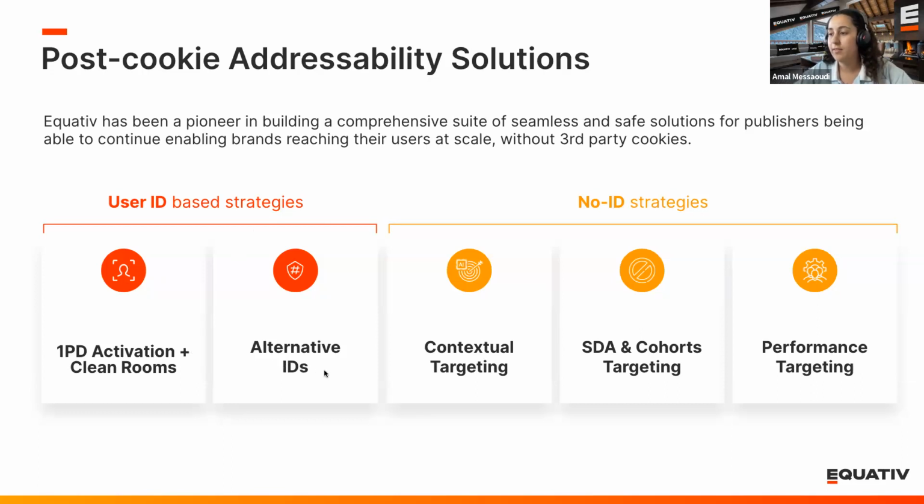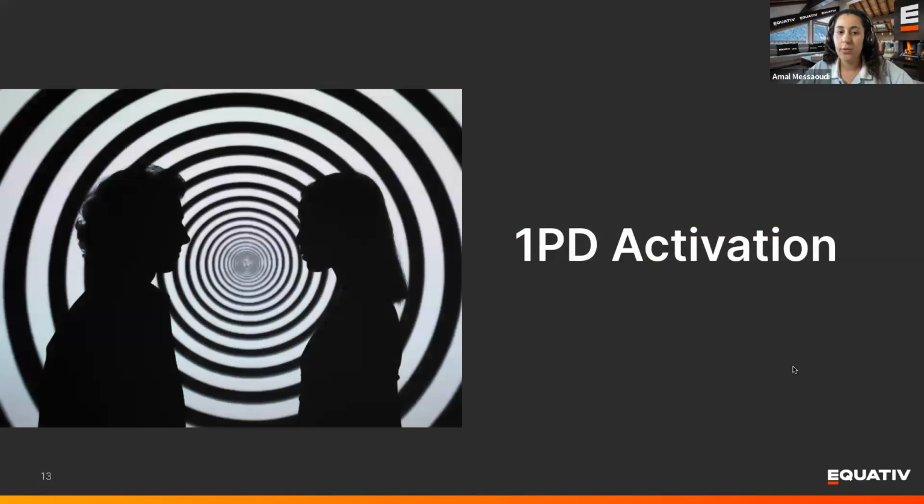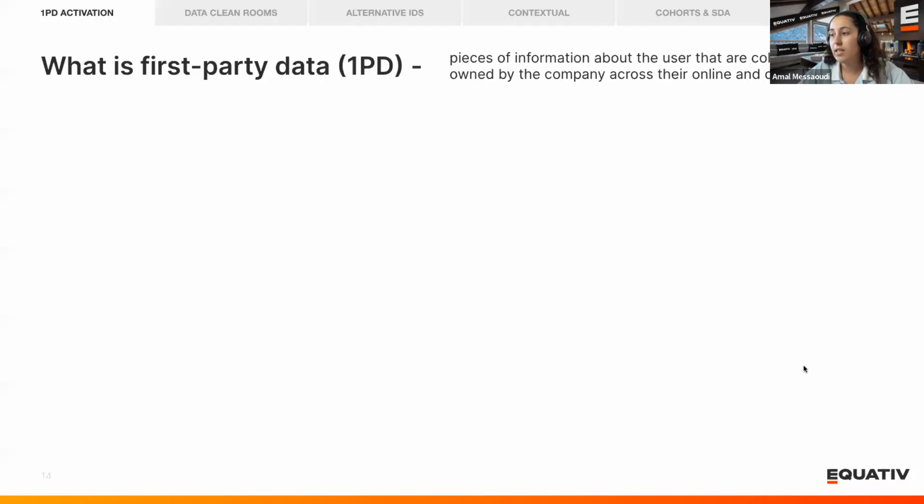We will cover alternative IDs, contextual targeting, SDA, and performance targeting as well. So instead of relying on third-party cookies, third-party data that has been generated and synced using the cookies, you can leverage your first-party data and collaborate on it. This is the first solution that is proposed as a cookieless strategy.